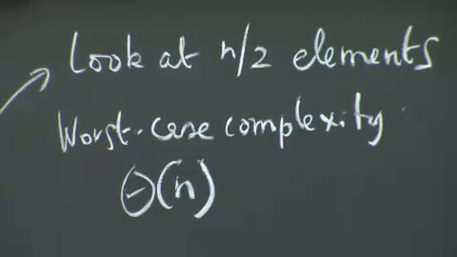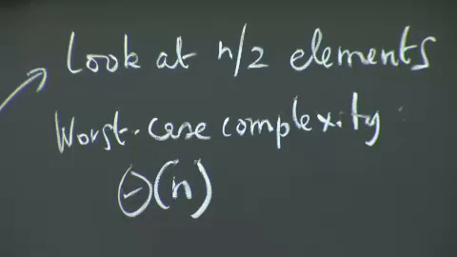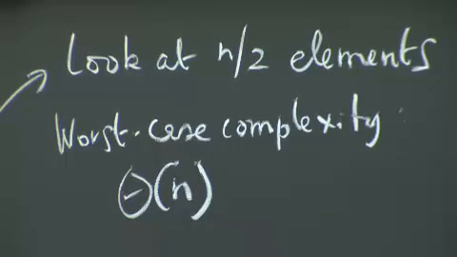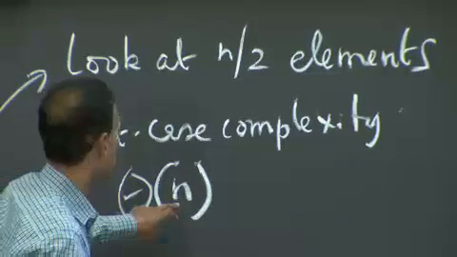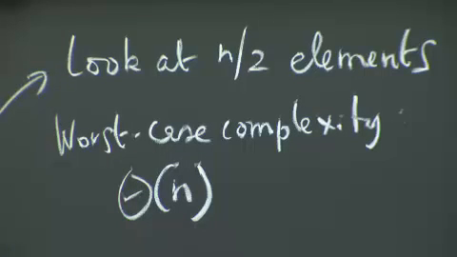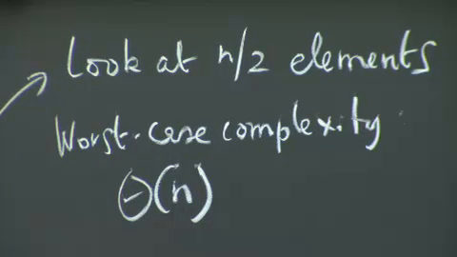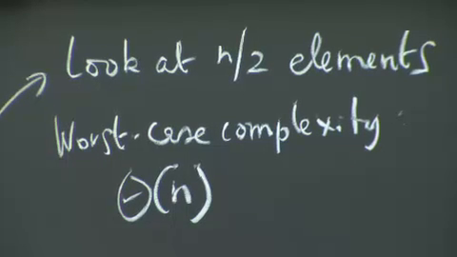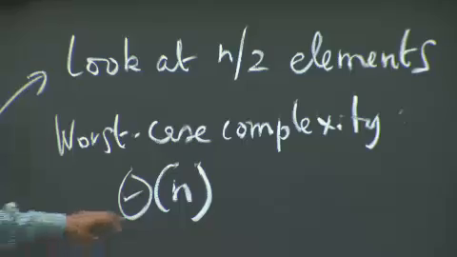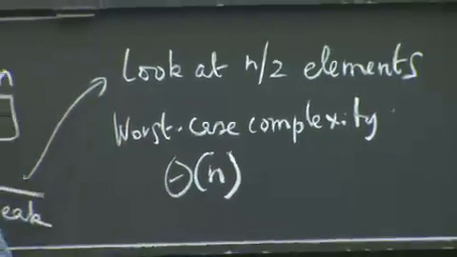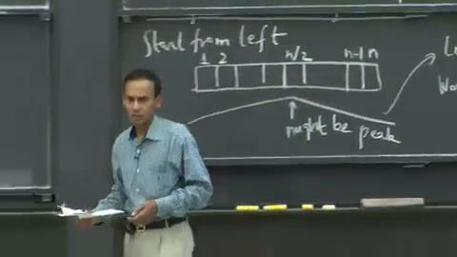And that would be the case where you started from the left and you had to go all the way to the right. Now remember, theta n is essentially something that says of the order of n. So it gives you both a lower bound and an upper bound. Big O of n is just the upper bound. And what we're saying here is this algorithm that starts from the left is going to require, in the worst case, something that's a constant times n.